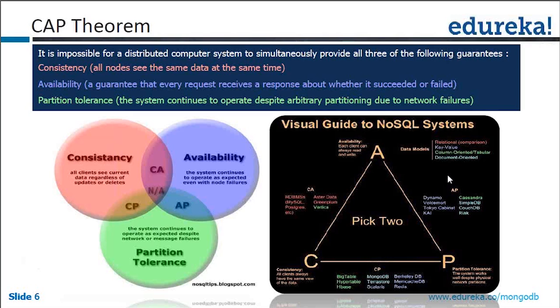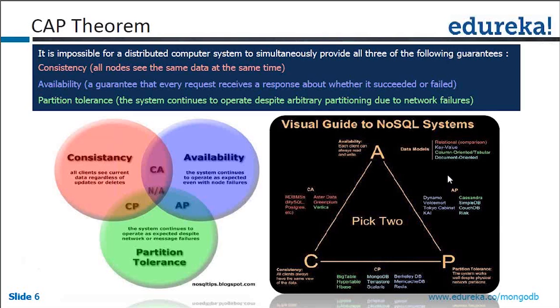For example, some technologies compromise availability, so they concentrate more on consistency and partition tolerance. Some technologies compromise on partition tolerance, so consistency and availability get a higher preference. What I'm trying to say is that the CAP theorem talks about how a distributed architecture will be designed, and what aspects to keep in mind when designing it.